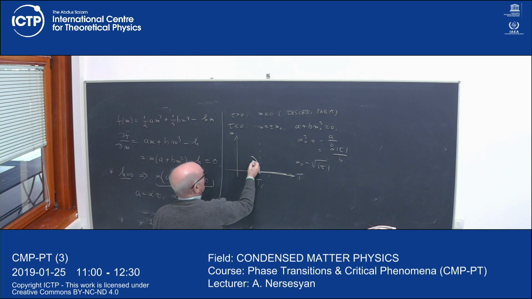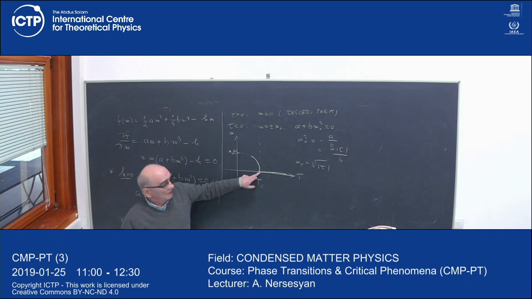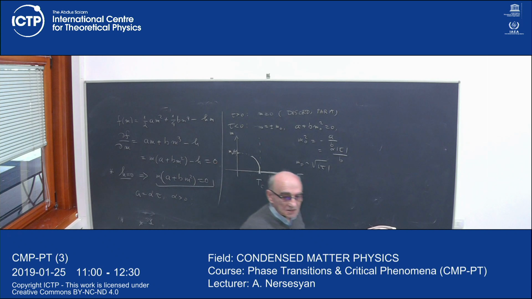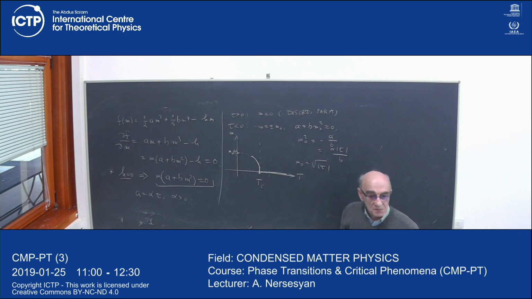This is M naught, which I can continue because I know the mean field solution. This is M naught as a function of T, which has a square root singularity at tau equal to 0. So the first observation: in Landau theory, a perfectly well-defined analytic expression leads you to non-analytic behavior of magnetization.